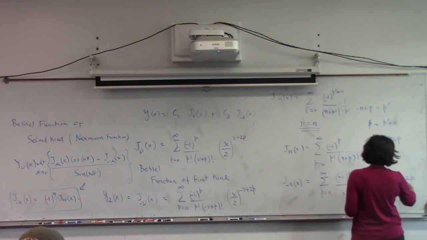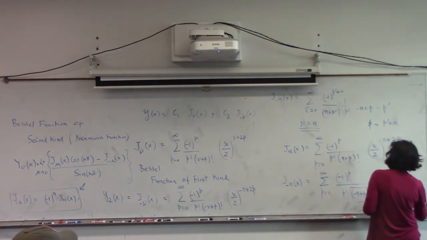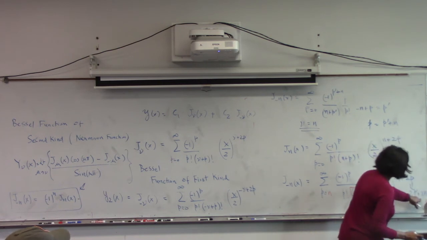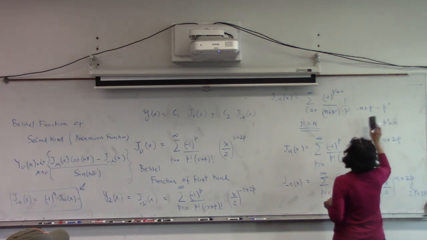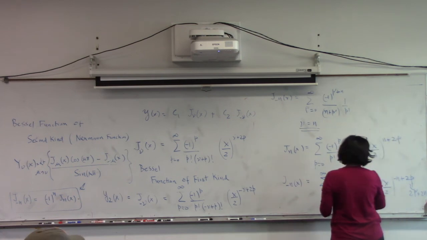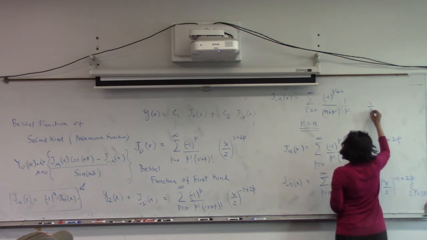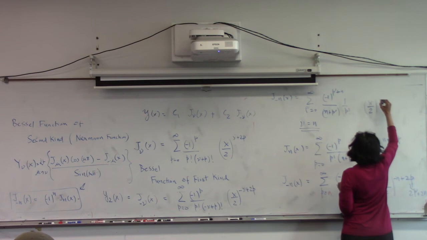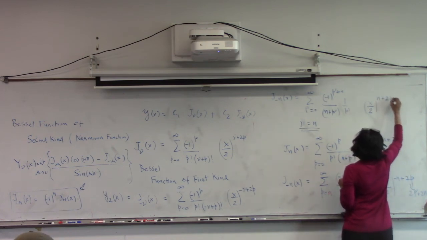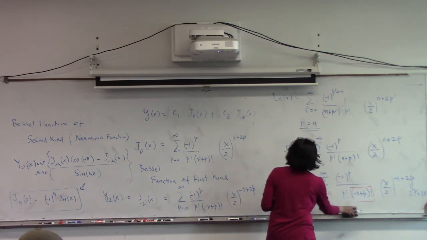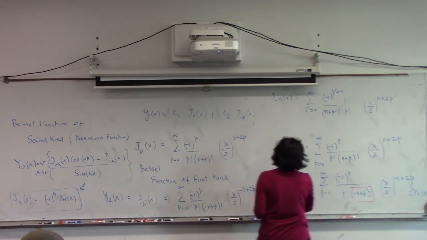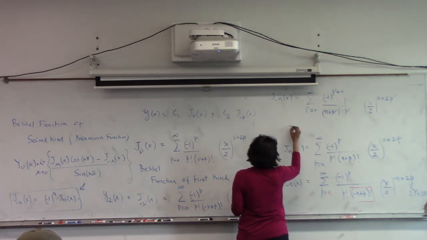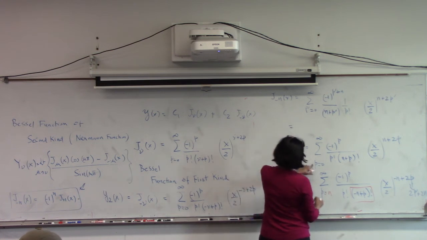Okay, so 2p is 2p prime plus 2n, so that is 2p prime plus n. Let me just cancel all that. So this one will become x over 2n plus 2p prime. Which is nothing but what? The summation, doesn't matter p or p prime, is now a dummy variable, right?